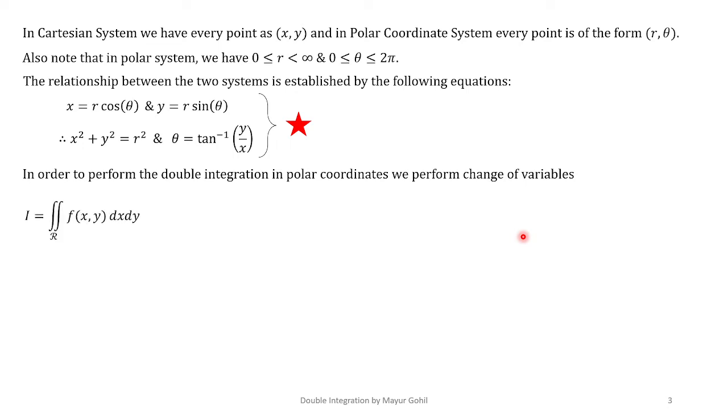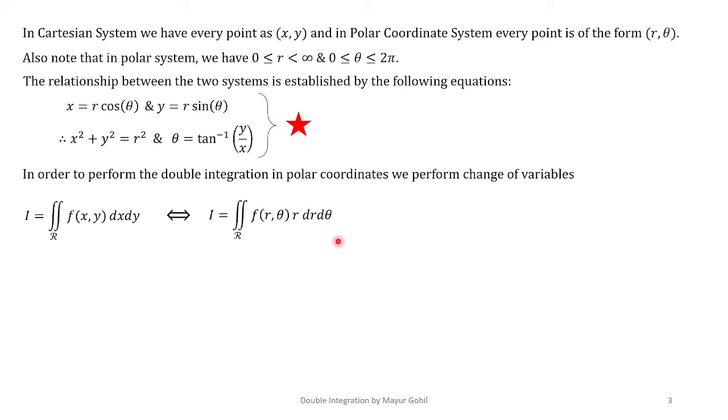Now we have already seen the double integral of the form double integral over region R of f of x comma y dx dy. For the sake of convenience I am taking the order dx dy. Here this is equivalent to double integral over region R of f of r comma theta, r dr d theta.